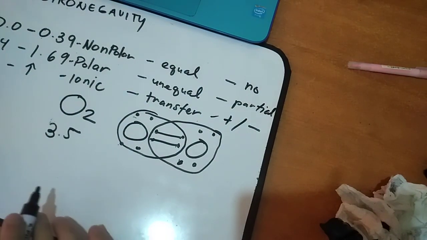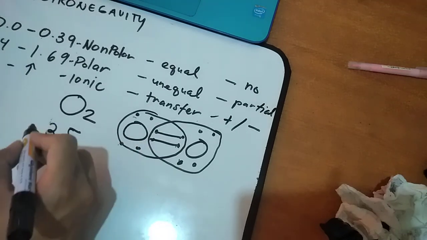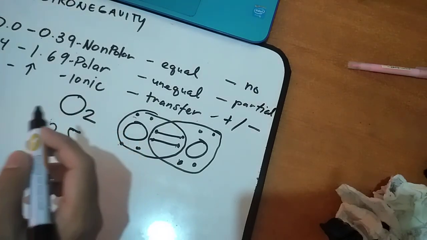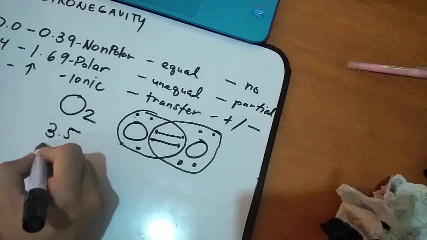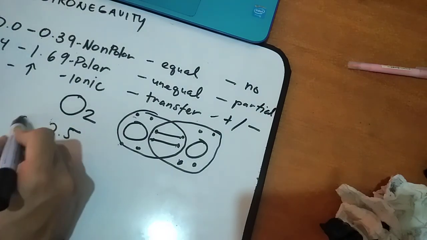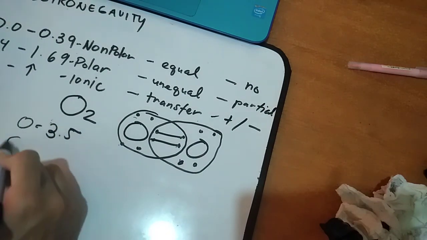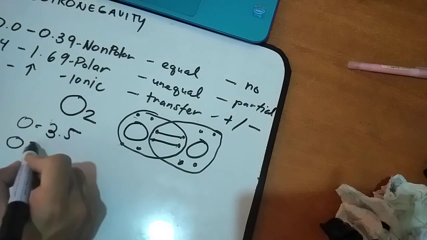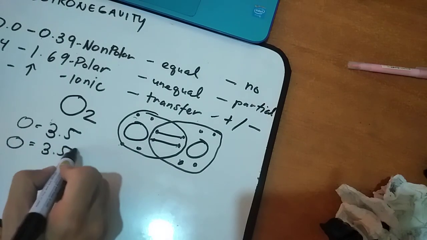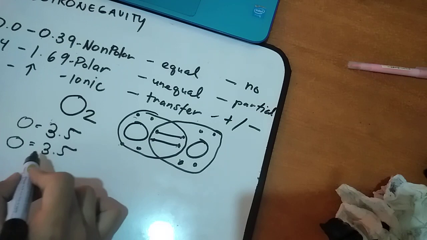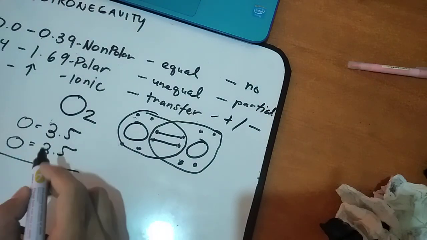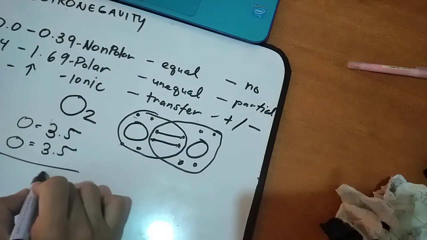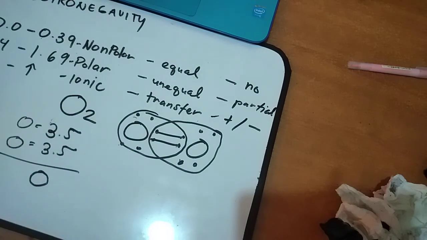So, ilang oxygen ba meron? So, dalawa. Let's check. So, we simply subtract them to get the value. So, the first oxygen has 3.5 and then the second oxygen has 3.5 as well. So, subtract them. So, 3.5 minus 3.5, it would be 0.